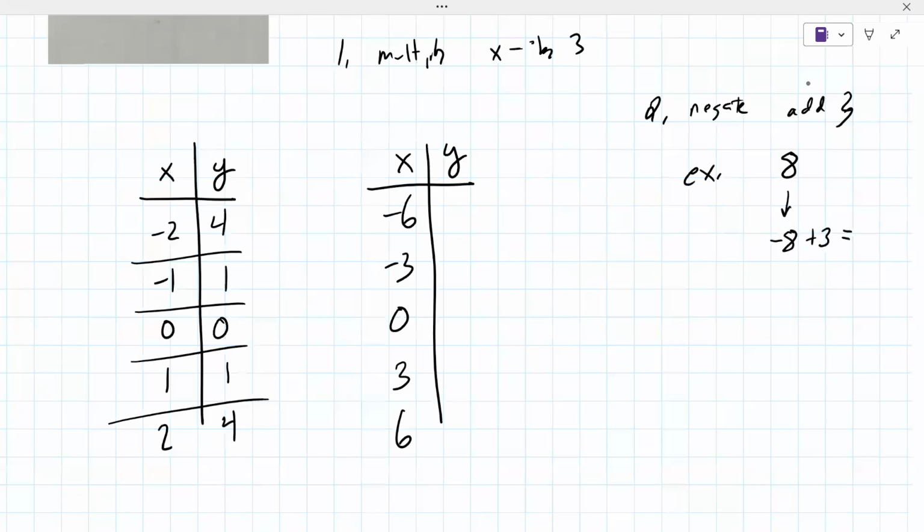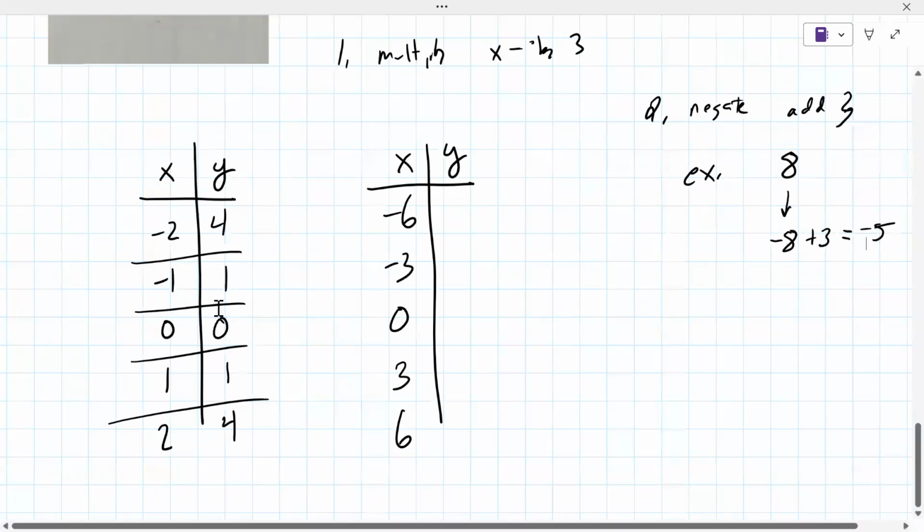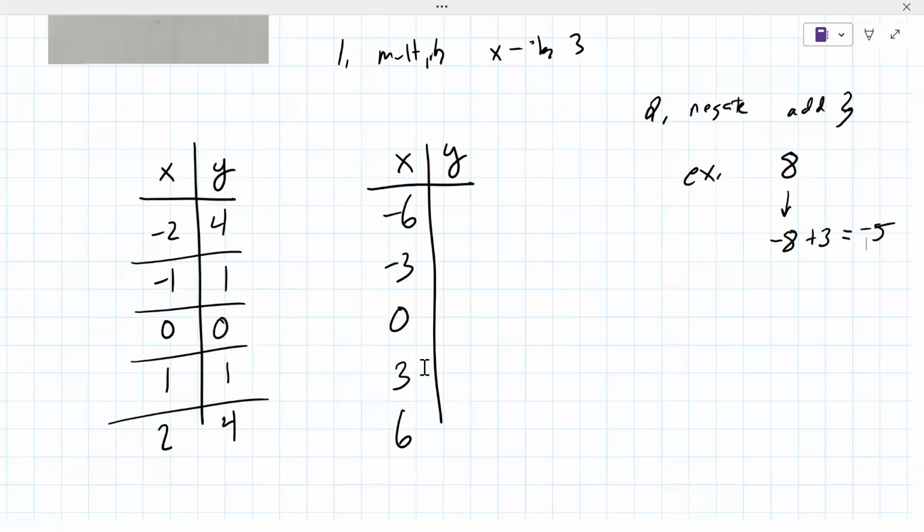So what does that become? That's going to be -5. Okay, so I'm asking you to do that for each of these y values here, please, and give me the result. Okay. But before I do that, I have to go charge my computer.